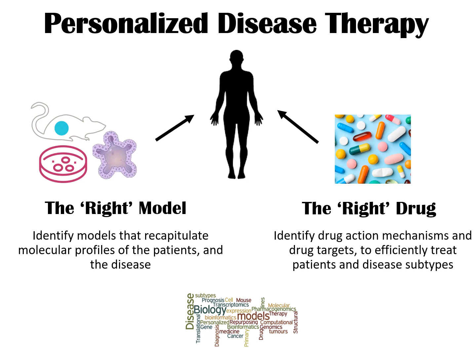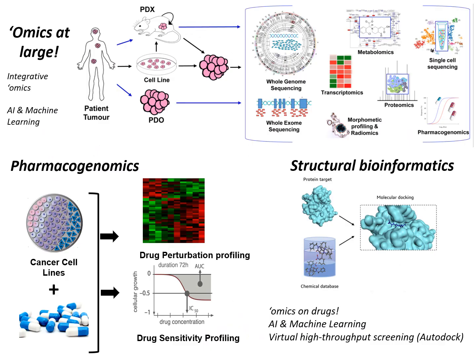To answer some of these questions, which are in some cases very open, we use a lot of different types of data sets. So the lab relies on a variety of different omics, multi-omics platforms, using integrated methods and machine learning to compare different patient samples to each other, to xenografts, to organoids, and in other instances, looking at pharmacogenomics data and structural bioinformatics data as well to identify how drugs behave.